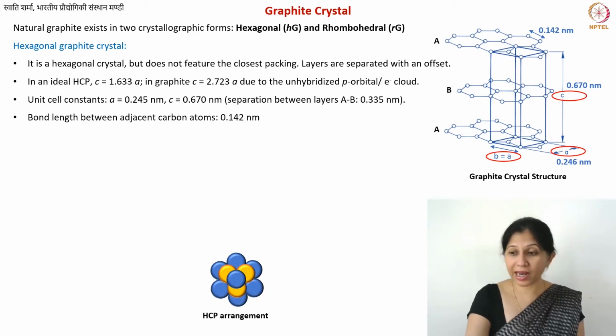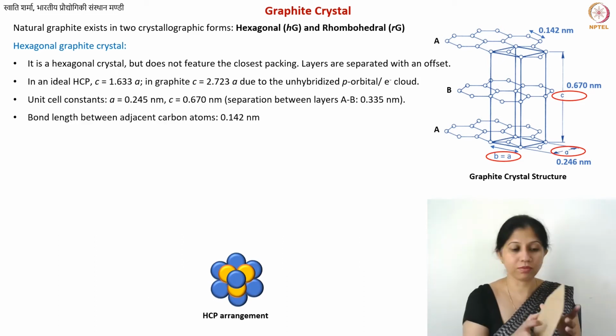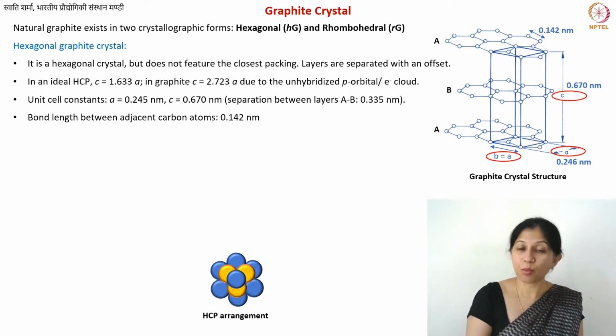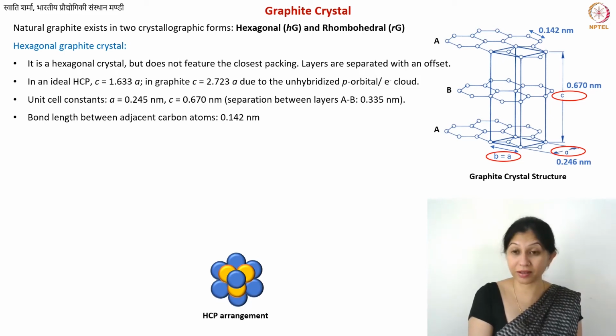So now the bond length. If I talk about the two adjacent carbon atoms, then the bond length is 0.142 nanometer. Remember that this is actually much shorter than what you have in the case of diamond. Even though diamond has sp3 hybridization, the electronegativity of your bond is higher in the case of graphite, which is caused by the fact that you have more s character in the hybridization.